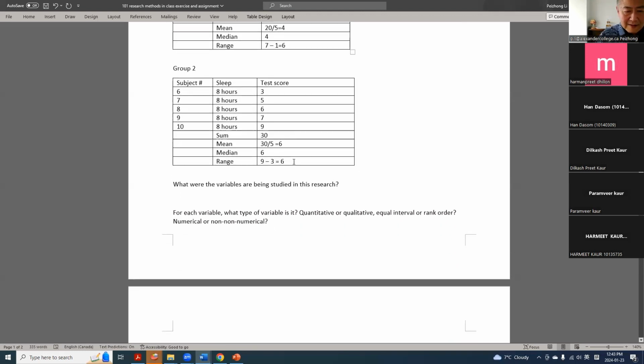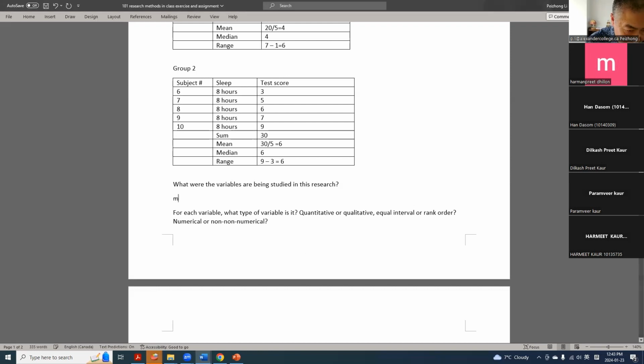And let's look at some of the questions. What were the variables being studied in this research? Give me the 2 variables. One variable being studied in this case is, somebody got me the answer, memory score.